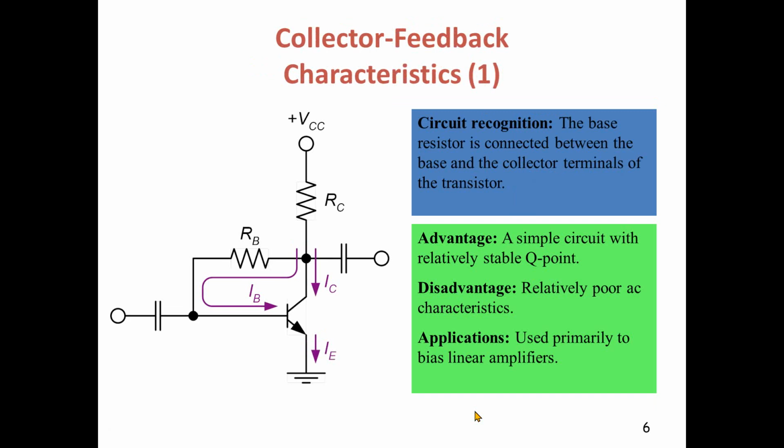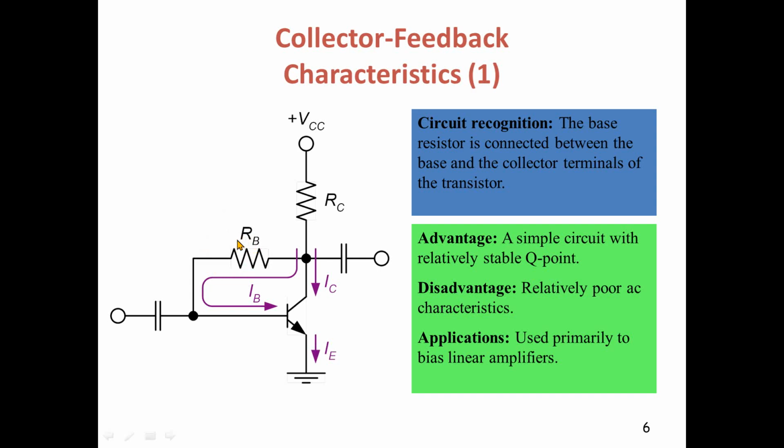And the collector feedback characteristics. The collector feedback characteristics are recognized by the base resistor being connected, as we discussed, between the base and collector terminals of the transistor. Its advantage is that it is a very simple circuit and it relatively stabilizes the Q point.